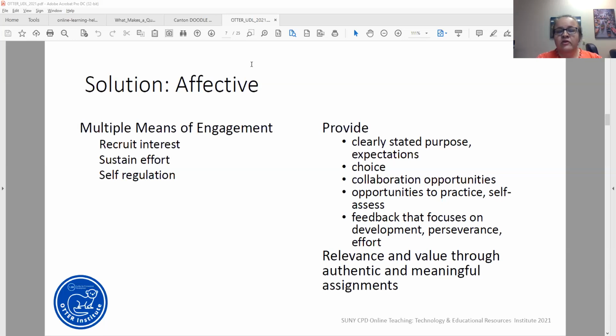Another strategy that is very helpful for motivation and sustaining students' interest is to give them choice. If you have a choice in what you are going to study and how you're going to study it, you are more involved in your learning process. If I just tell you you need to write about, what can you write about? Killer whales. You might not be that interested.